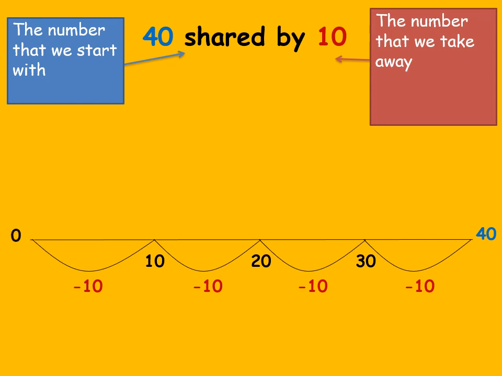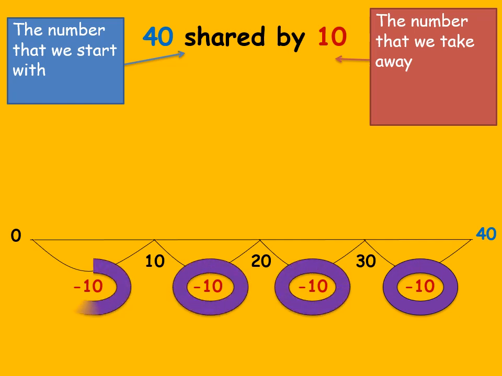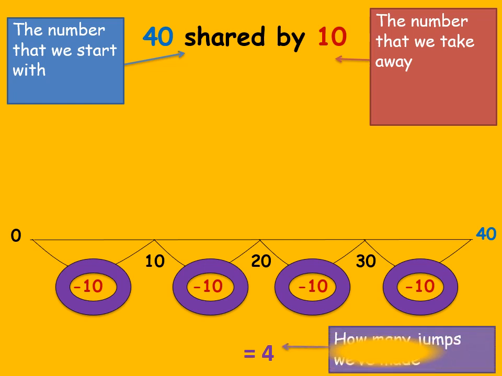So we've subtracted by taking 10 away. How many times have we done it? 1, 2, 3, 4 times. That means 40 shared by 10 equals 4. How many jumps we've made? That's our answer.